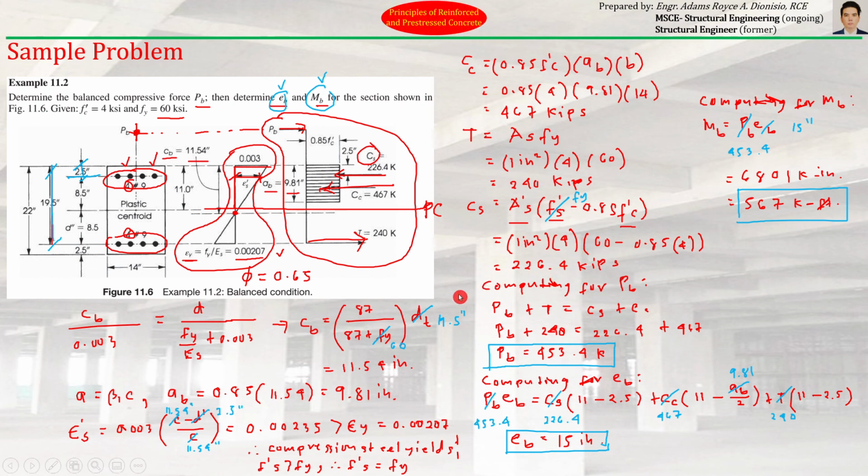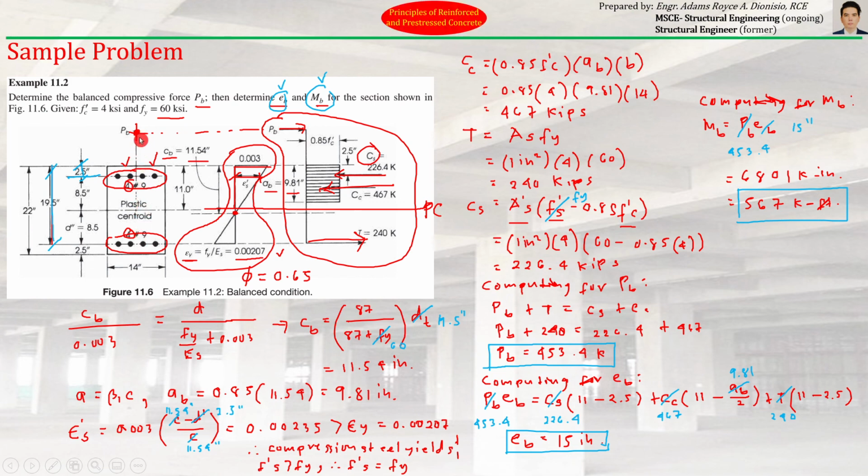Okay. So, ibig sabihin lang nito guys, for a balance condition to happen, para yung concrete maka-experience siya ng 0.003 strain at the same time na yung tension reinforcement ng column maka-experience ng strain equal to the yield strain. Para mangyari yan, we have to apply a load equal to 453.4 kips at an eccentricity equal to 15 inches from the plastic centroid.